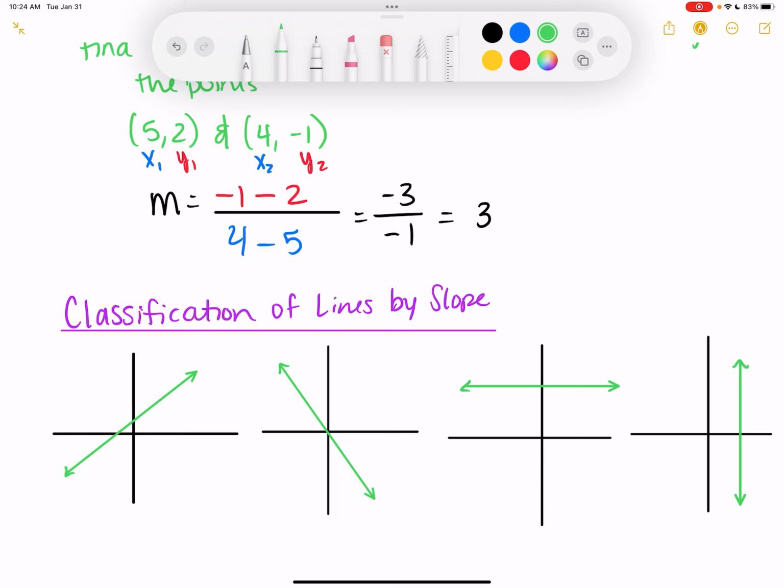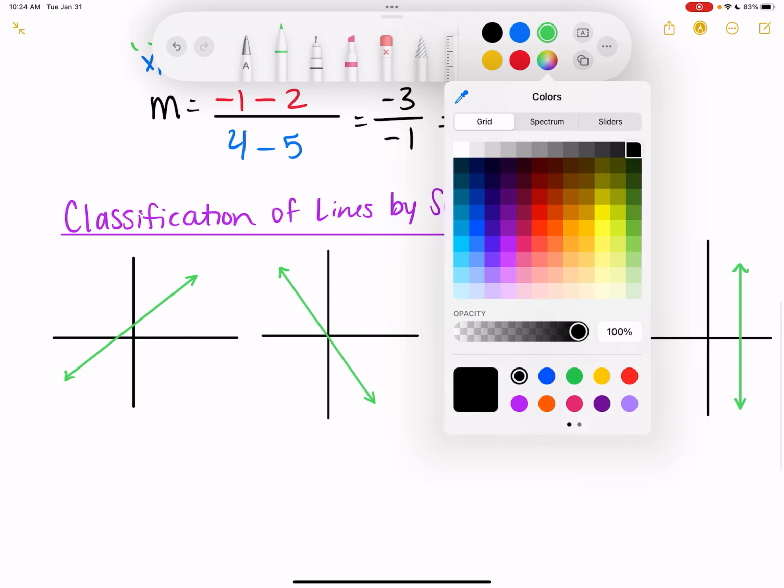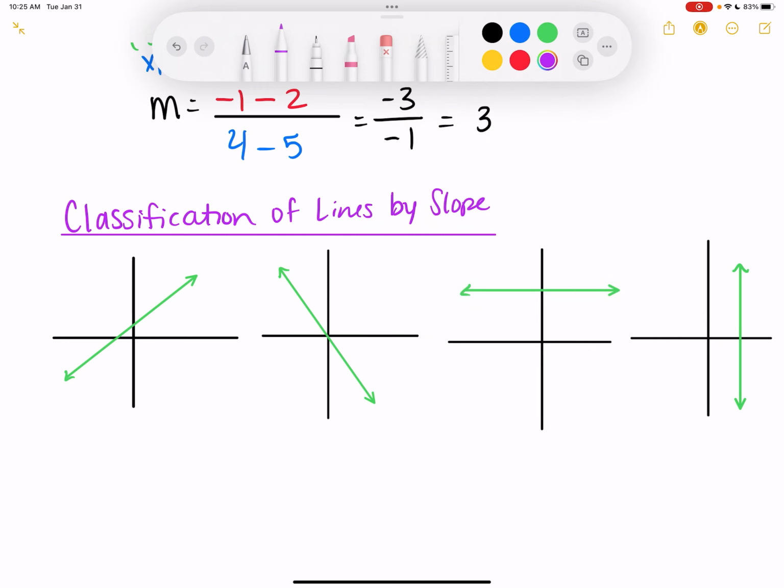So I'm going to talk about what kind of slope each of these lines have, and then how to remember what it is, and then what it means about the slope. Give y'all a second to write those.